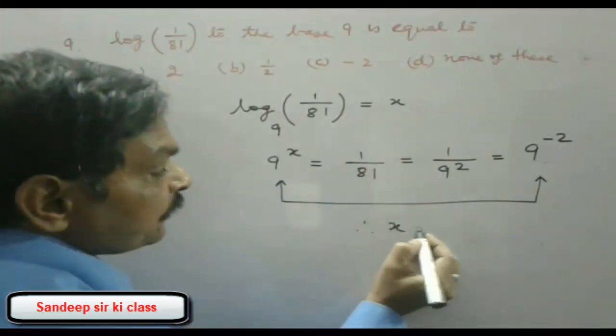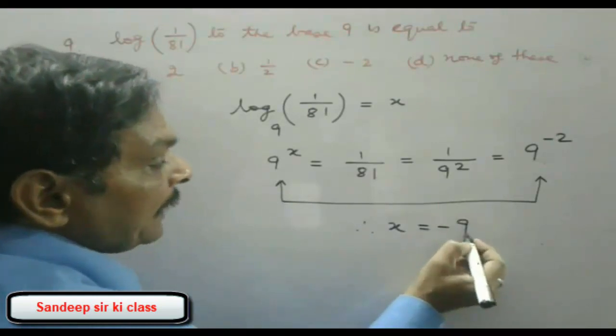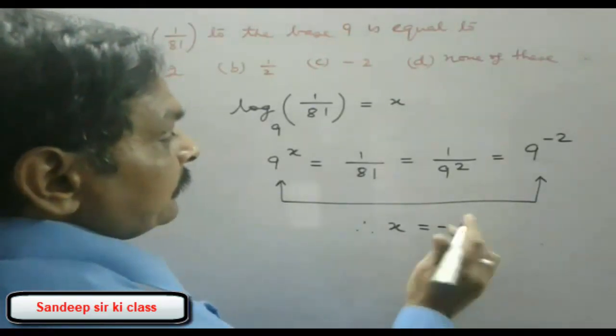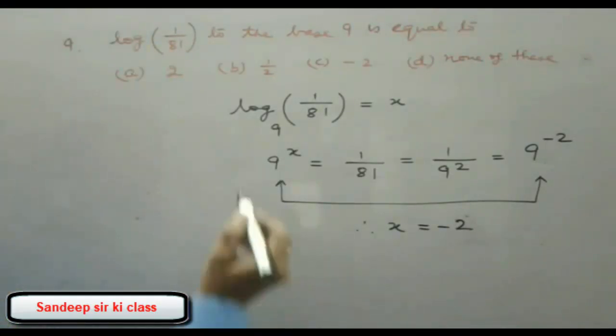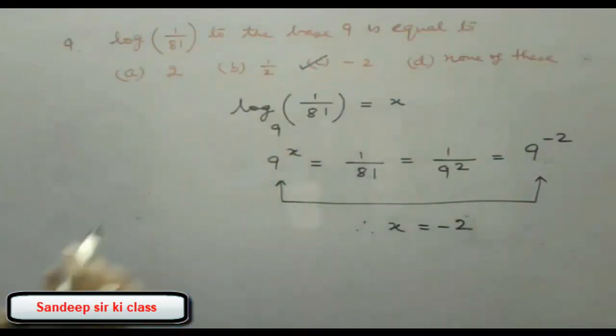Therefore x will be equal to minus 2, and hence our option C here is the correct. A simple question which is based on the definition of log.